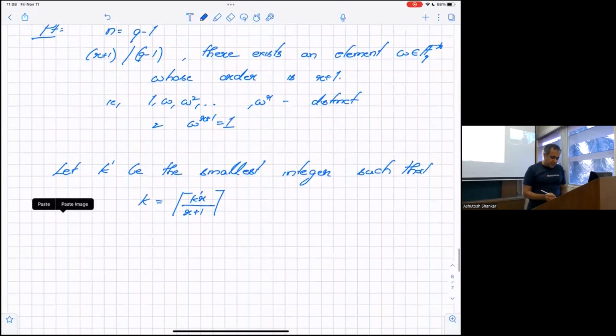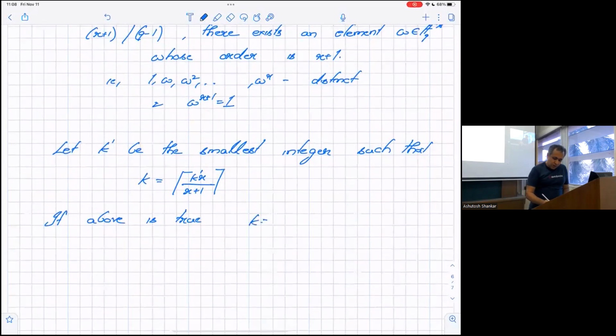So notice that if K prime has this feature, then K should be equal to K prime R plus some A by R plus 1. This should exactly be K. What is the bound on A that you can give?